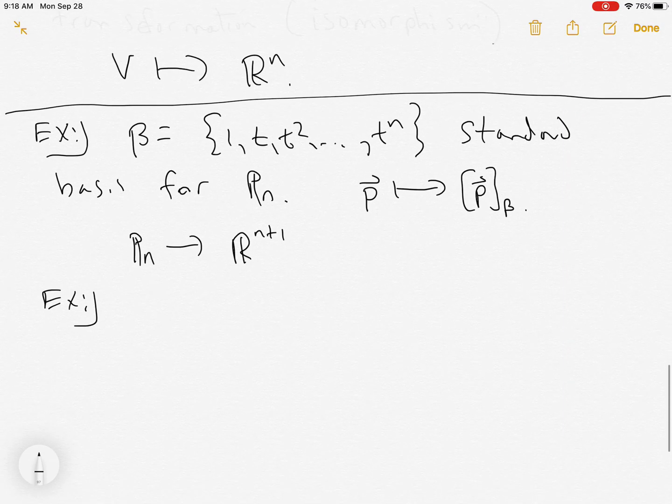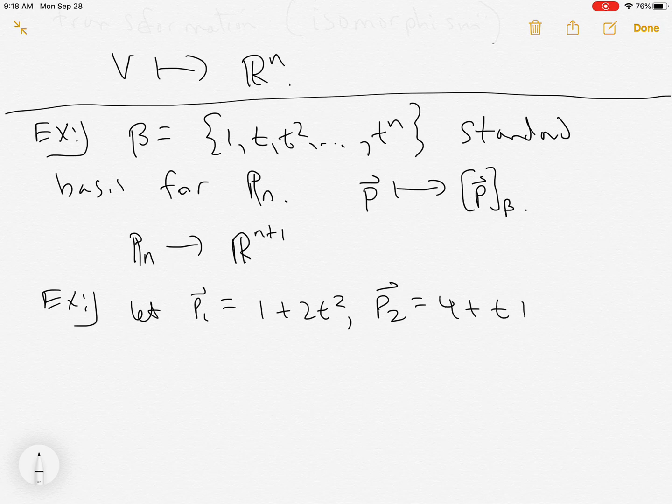In P2. And if you had this for the homework you just turned in, it would have made your life considerably easier. And so, like most things, we'll have it for the future. So we're going to let p1 be the vector 1 plus 2t squared, p2 is the vector 4 plus t plus 5t squared, and p3 is the vector 3 plus 2t.